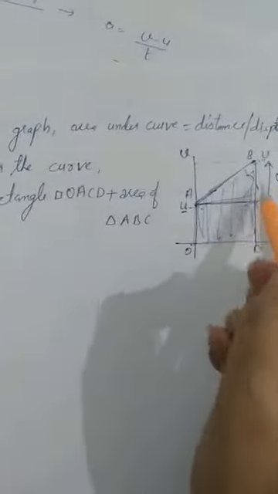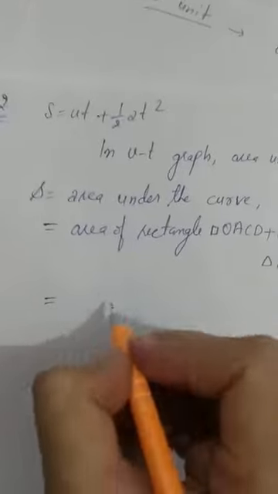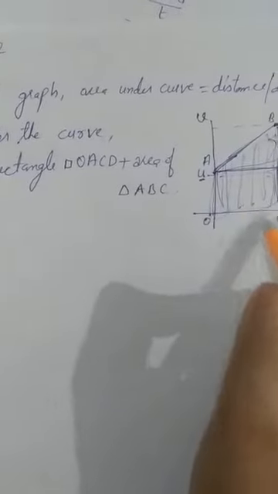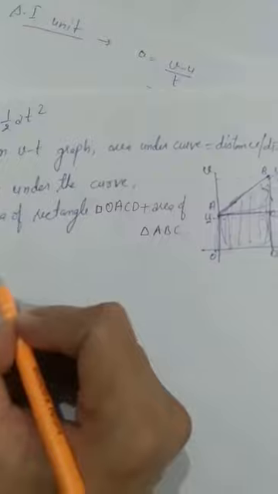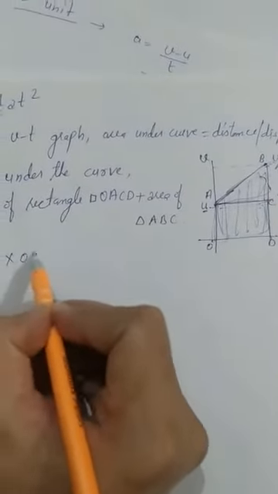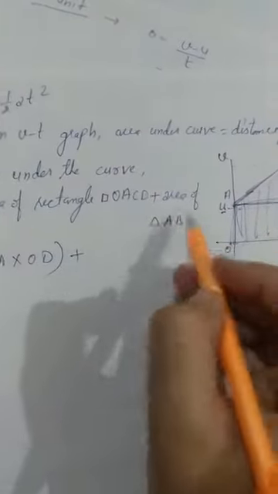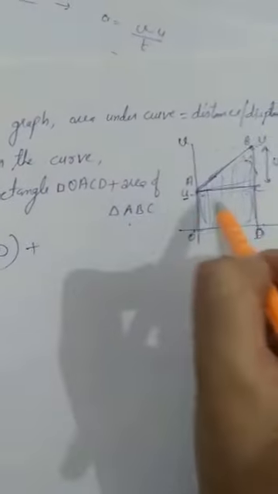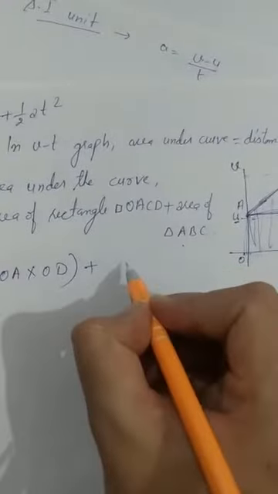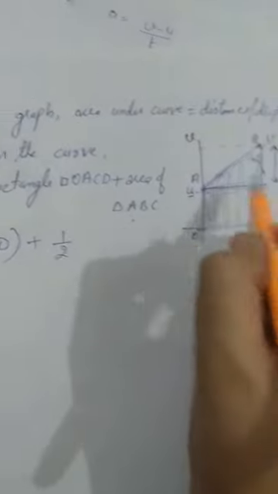Area of rectangle we can write as this side into this side, that is OA into OD, this one our D, OA into AD, plus area of triangle. This one is a right triangle, so its area is half base into height.